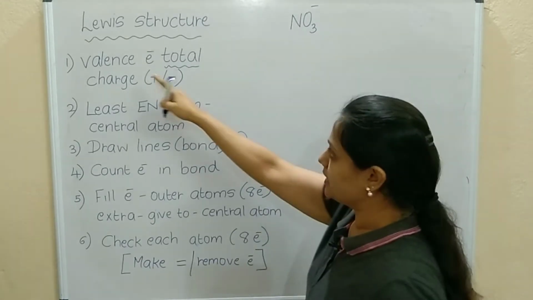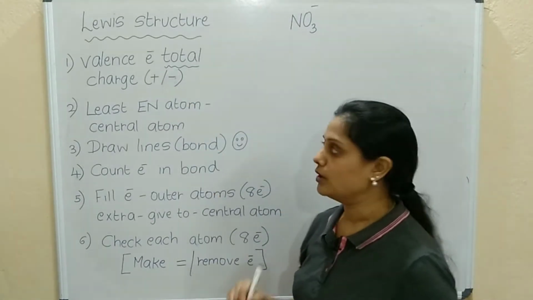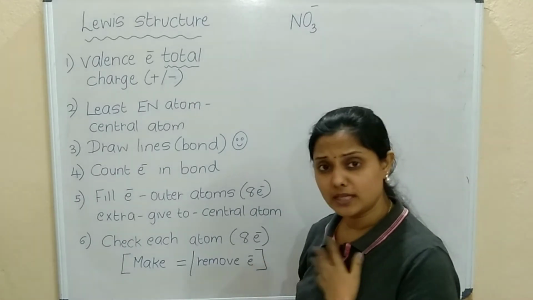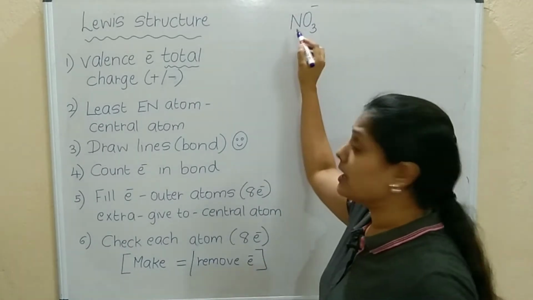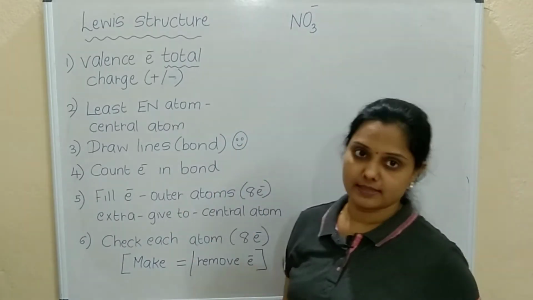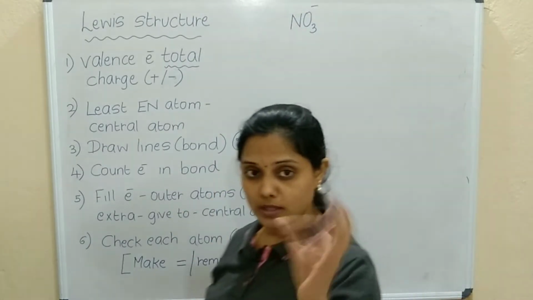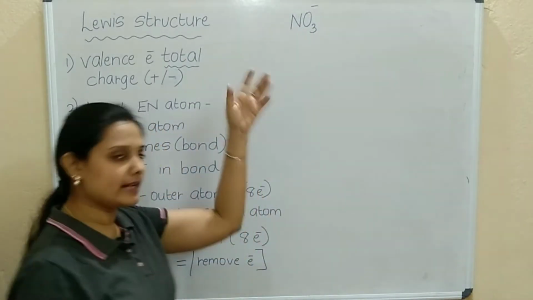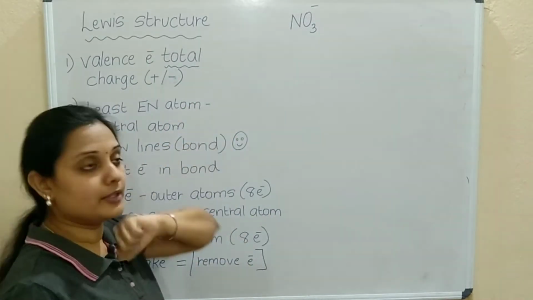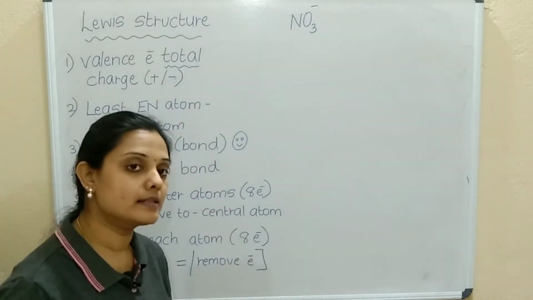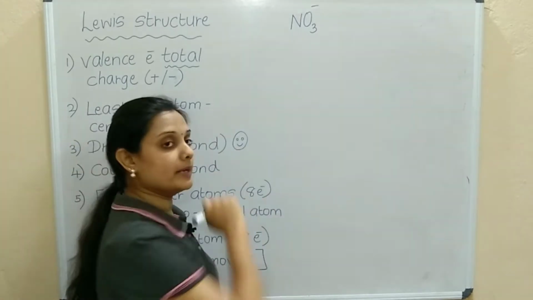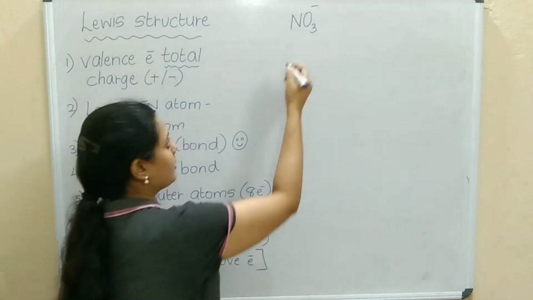The first step is the total valence electrons, for both nitrogen and oxygen, whatever atoms are involved. Nitrogen has atomic number 7, so its valence electrons are 5.